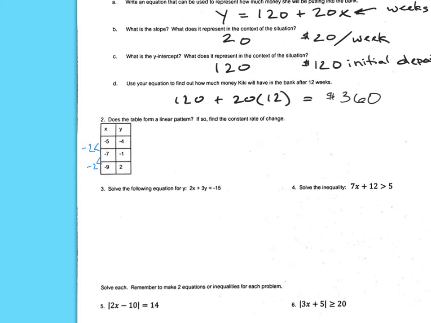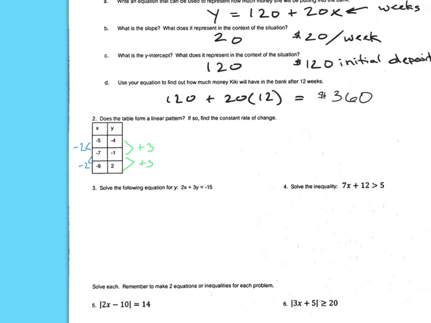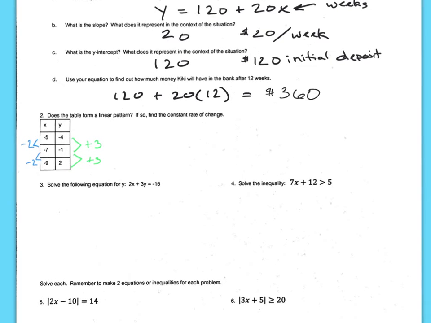So then for the y's, -4 to -1, we're getting bigger. We went up 3, and then -1 to 2, we went up 3. So yeah, it's definitely consistent. So there is a linear pattern. So that is a yes.